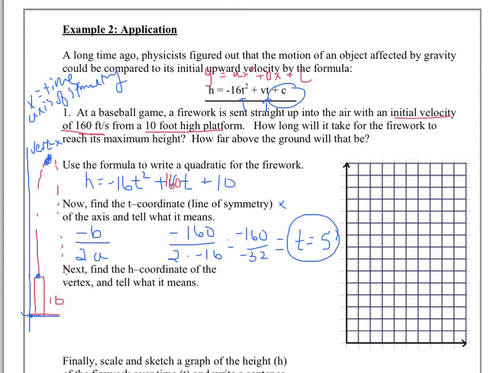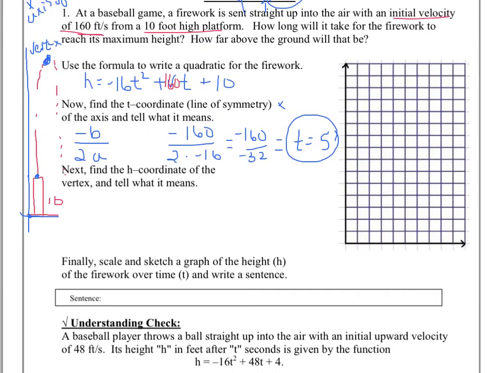In order to get the vertex, I need to plug this back into my formula to get the h value. So h is equal to negative 16 times 5 squared, because t is 5, plus 160 times 5, plus 10. 5 squared is 25, so negative 16 times 25, plus 160 times 5 is 800, plus 10.